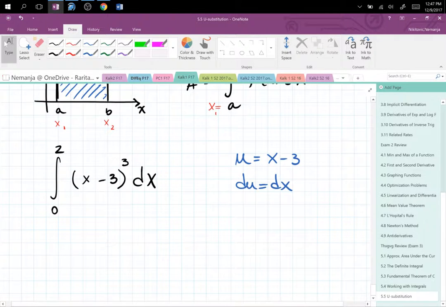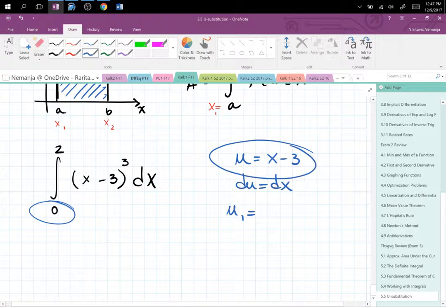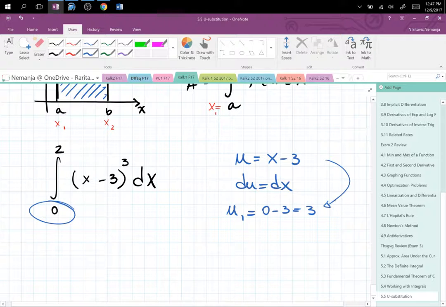And here's the new stuff. u1 is equal to, well, this is the u1 location using a, and this is the substitution that connects the x world and the u world. Let me write it as 0 minus 3, which is negative 3, and I'll do the arrow like this.